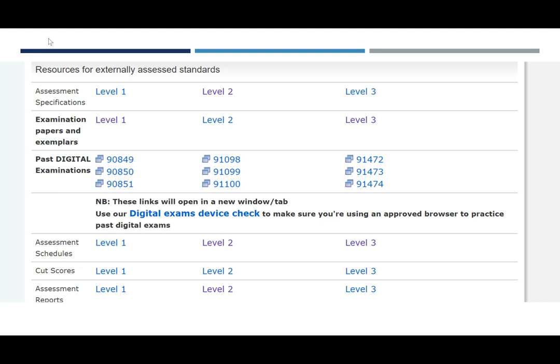Now for 3.3, they don't put up the resource booklet in full, which is unfortunate, and sometimes they don't have exemplars for some years, which is weird and I don't quite know why. But it also will have assessment schedules, which is what I've just been showing you, along with assessment reports and things like that. So if you don't know where to access that, Google NZQA English subject resources and you'll find it all.